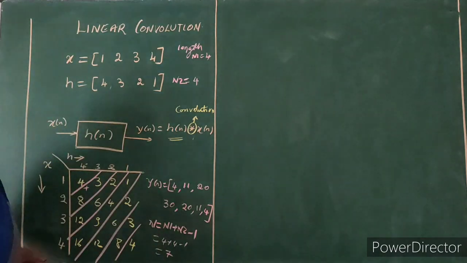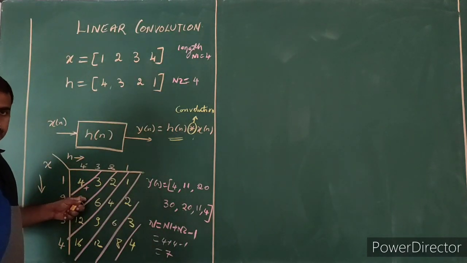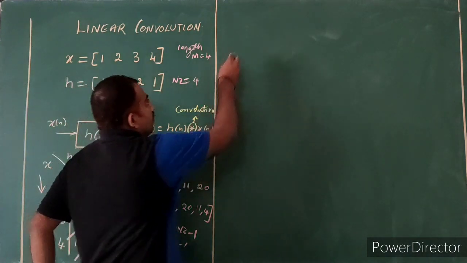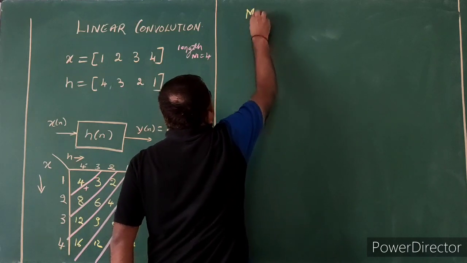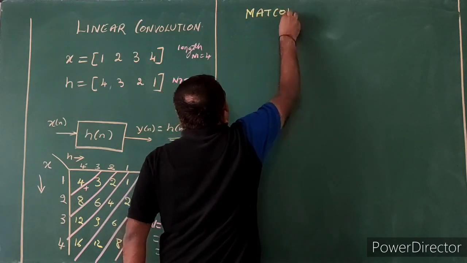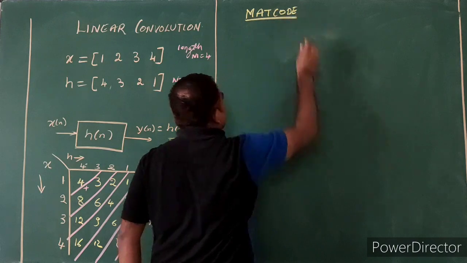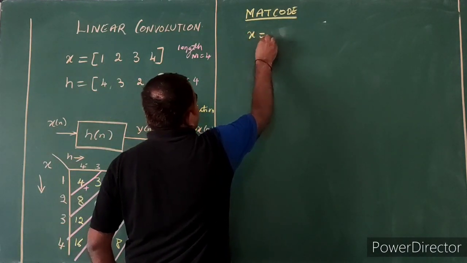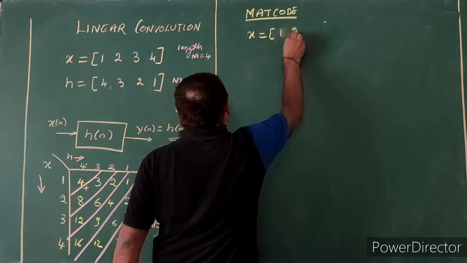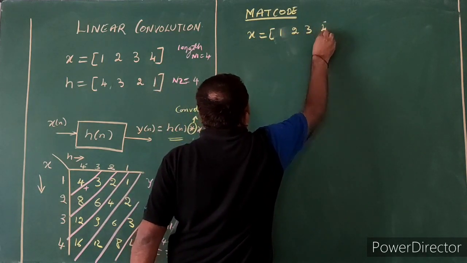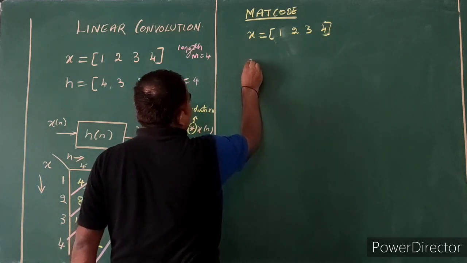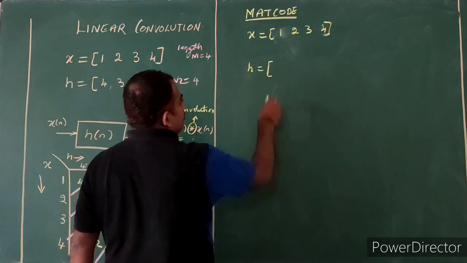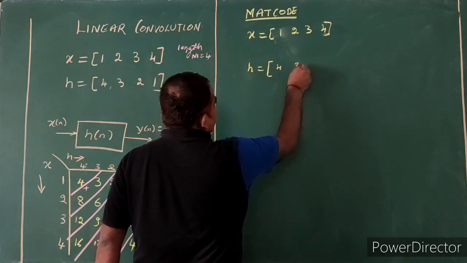Now we'll write the MATLAB code first and then represent it with the help of a waveform. Let us write the MATLAB code. x is equal to 1, 2, 3, 4, and then I am writing the h value: h is equal to 4, 3, 2, 1.